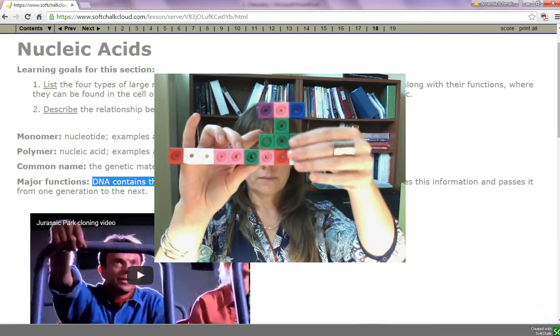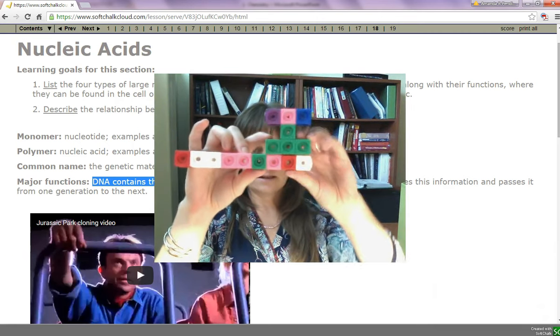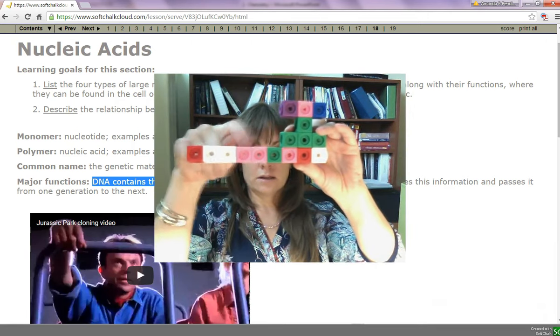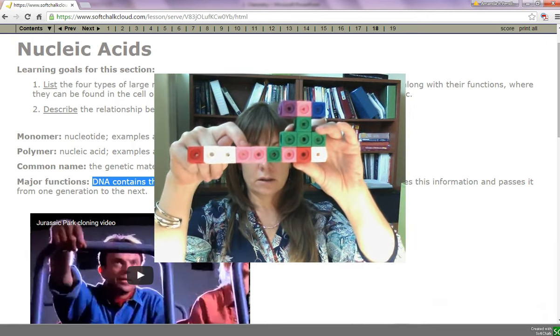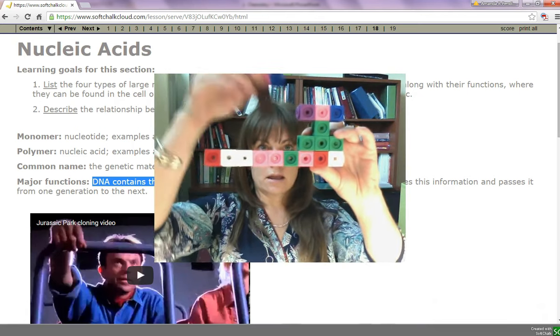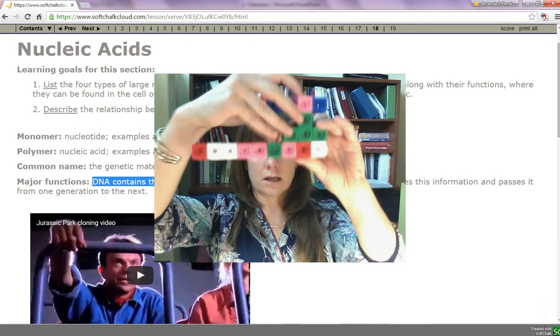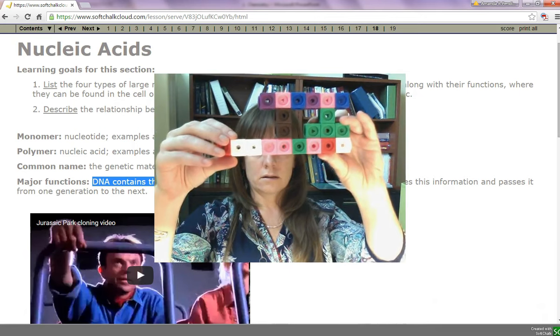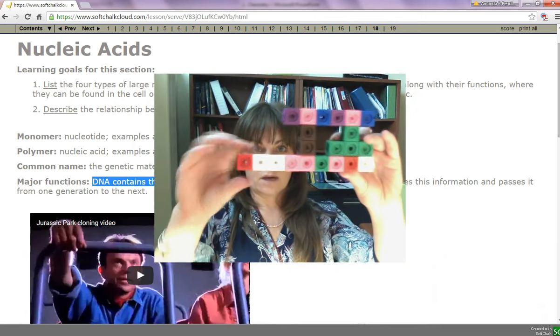All right. Now let's look at the next 3. 1, 2, 3. And notice it's a different code. Okay? And so we'd say, hey, the next amino acid we need to hook into this protein is this one. Okay?